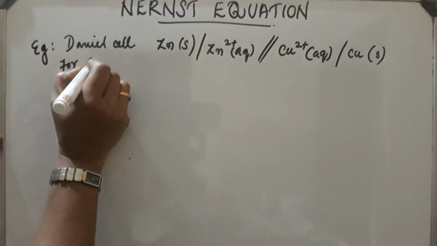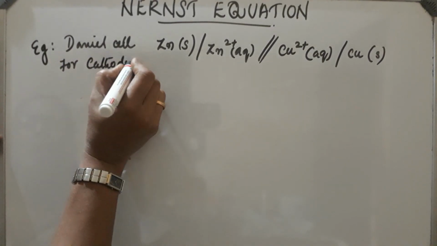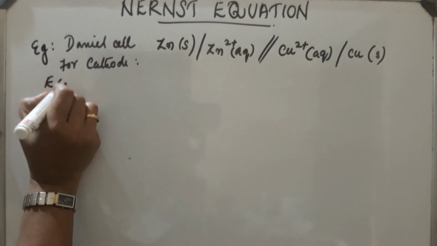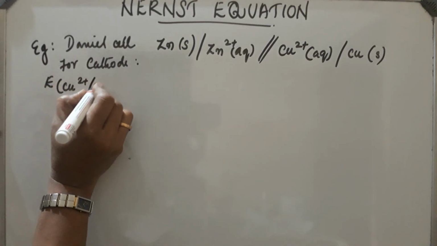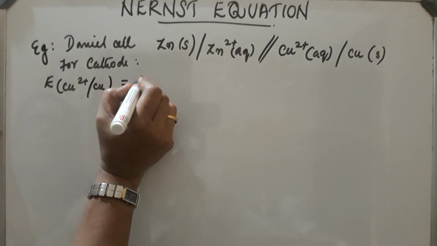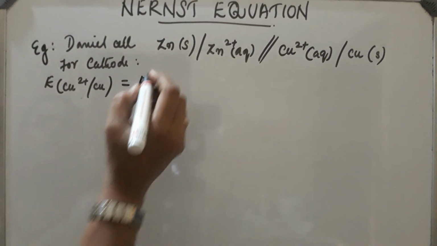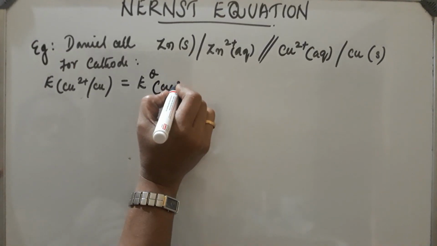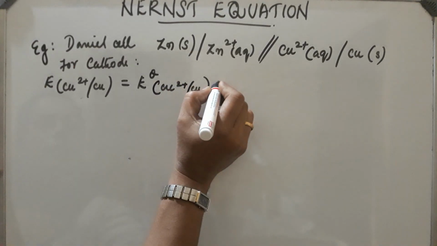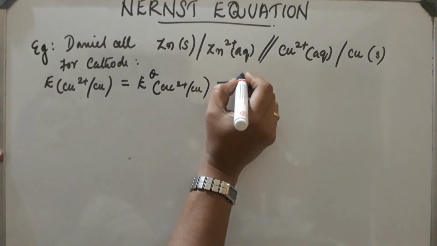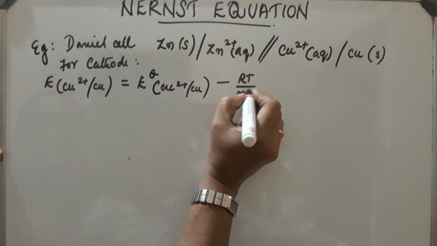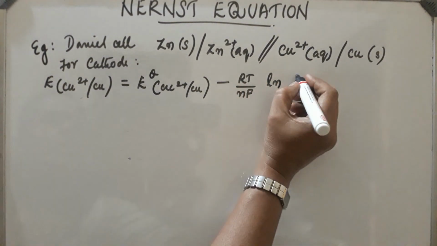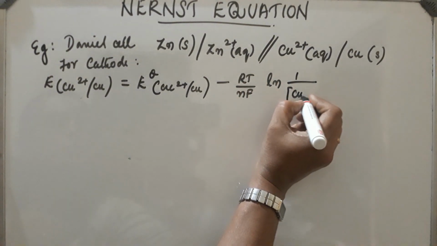Now for the cathode, how can we write the Nernst equation? The electrode potential will be equal to the standard potential minus RT by nF log, the concentration of Cu is unity, so 1 by the concentration of Cu2+.